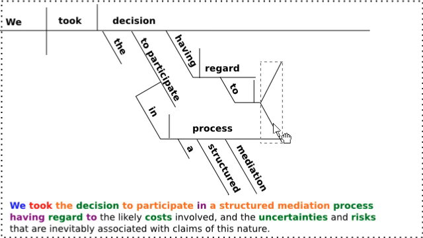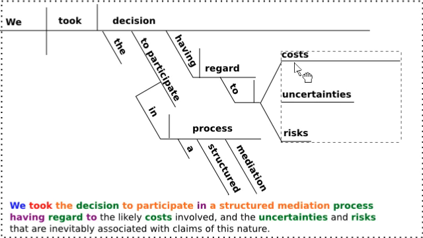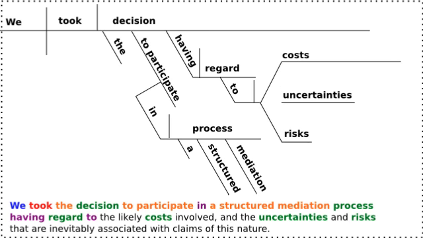We sort of make a fork in the road and stack the two or more elements of the compound. Then we have a vertical dotted line that connects them. And on that vertical dotted line, we put the conjunctions. In this case, there's a conjunction between each of the sets.